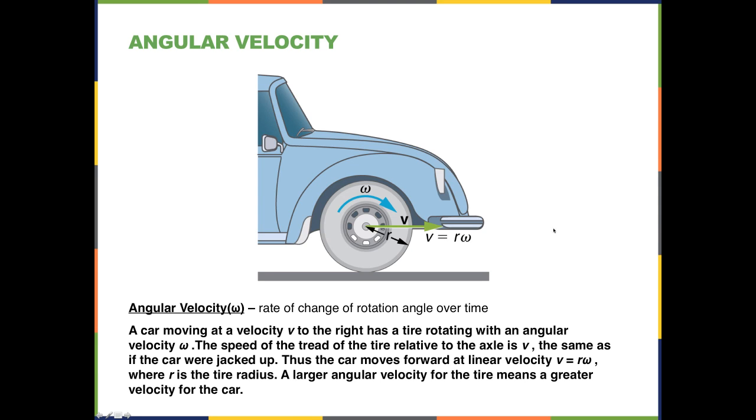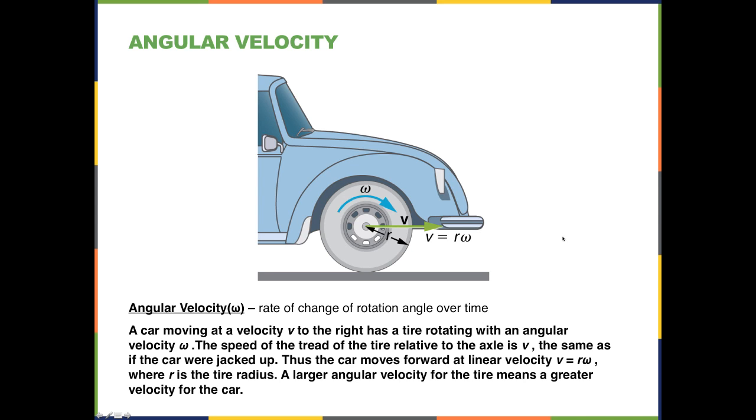So omega is delta theta divided by delta t, the rate of change of the rotational angle. Now you can relate the linear velocity to the angular velocity by the following formula. The linear velocity is equal to the angular velocity times the radius of curvature.